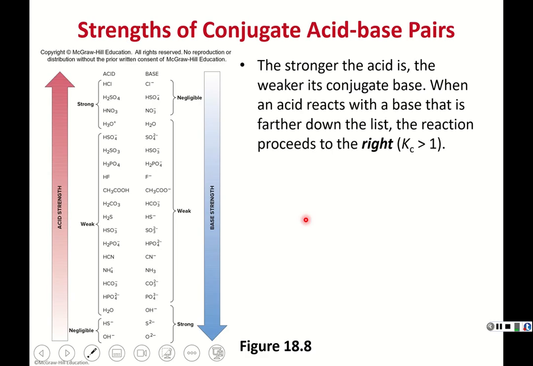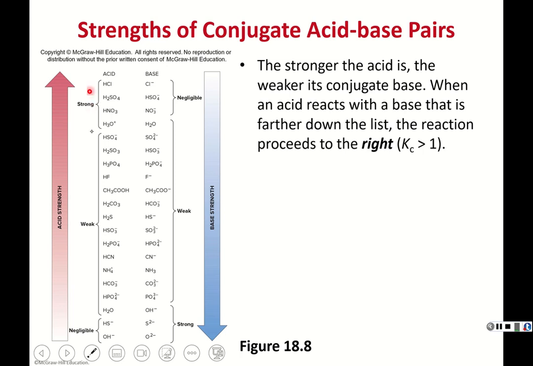And here's a list of the relative strengths of conjugate acid-base pairs. So the stronger the acid is, the weaker its conjugate base. We've mentioned this before. When an acid reacts with a base that is further down the list, the reaction proceeds to the right.